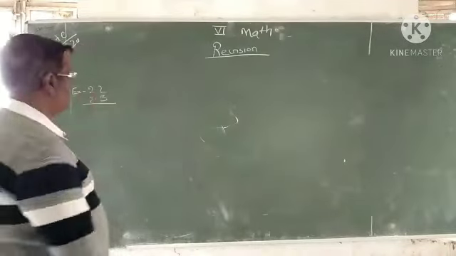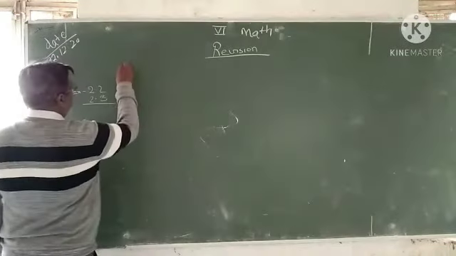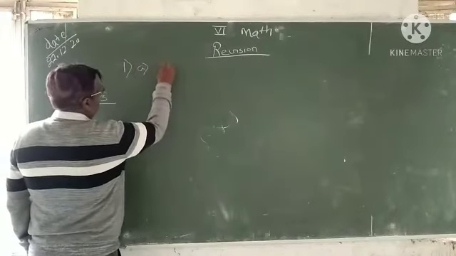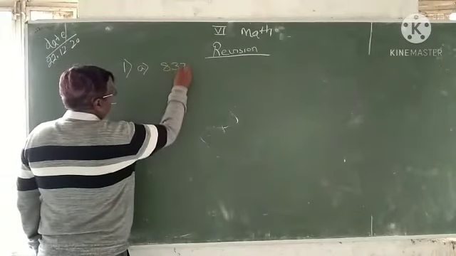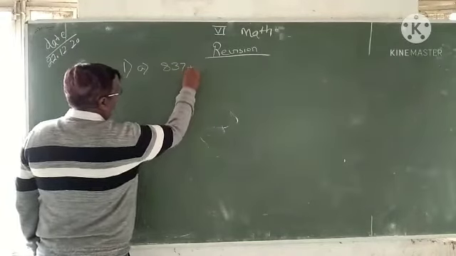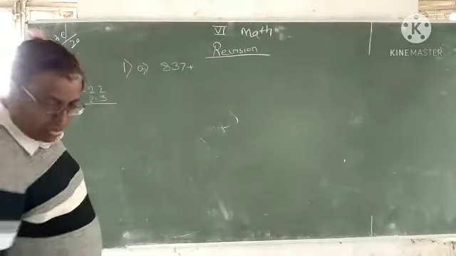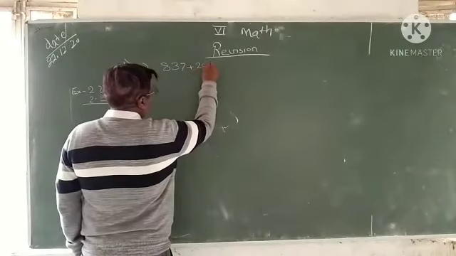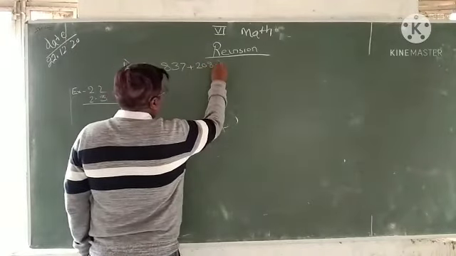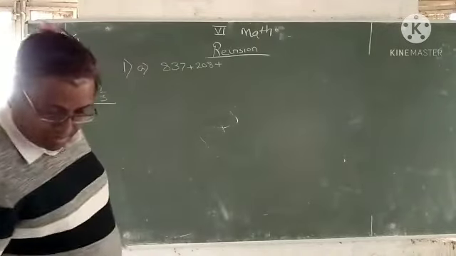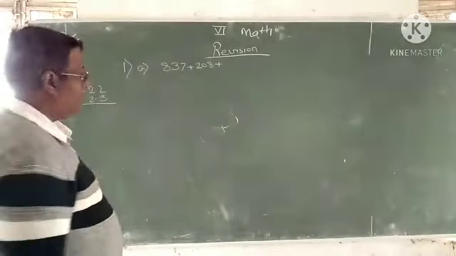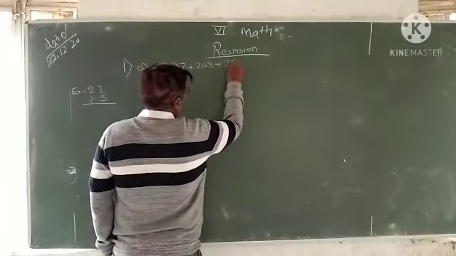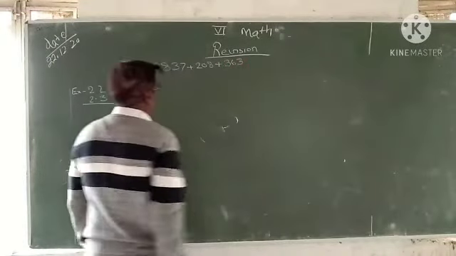The numbers which we are given over here are 837, then 208, and lastly 363.